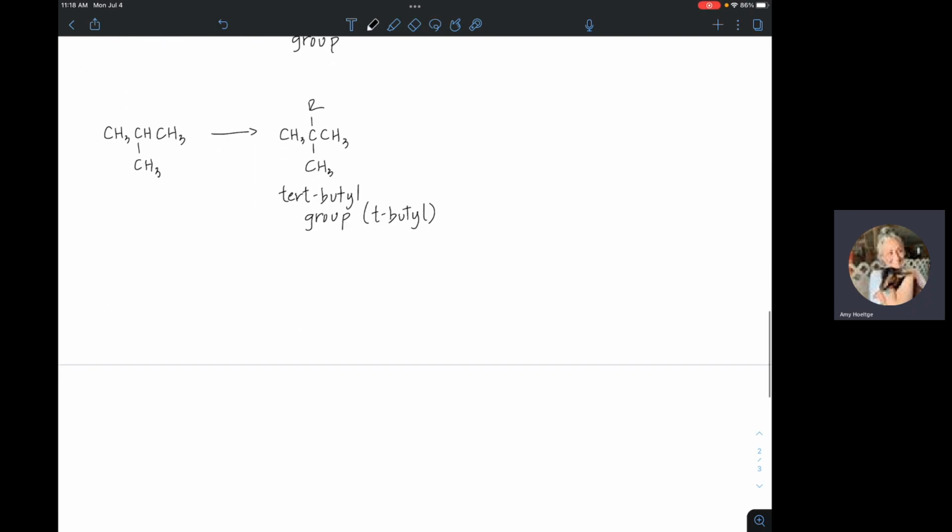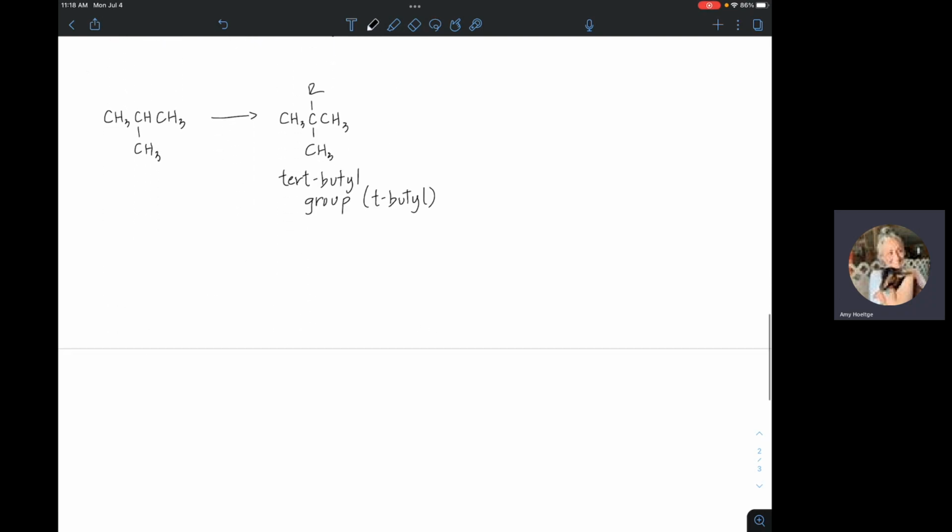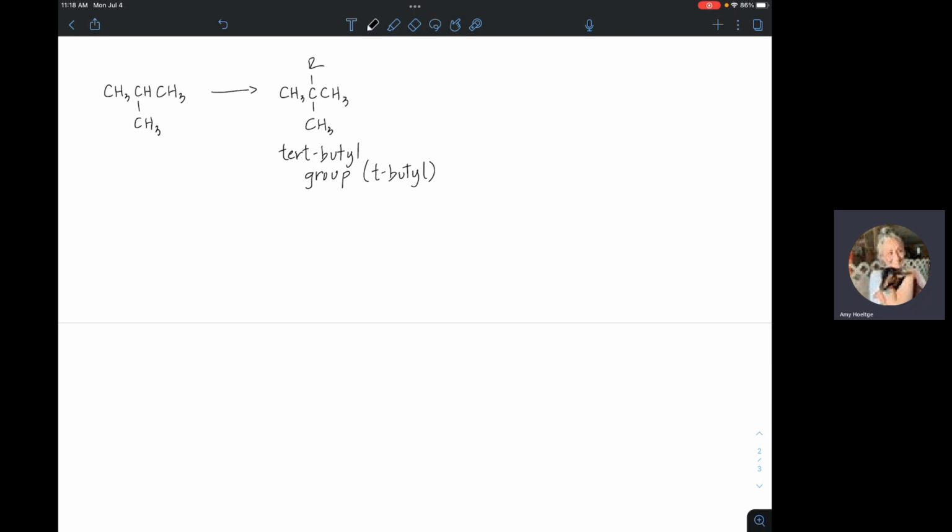If you have a cyclic compound, same deal. Say, like we just did cyclohexane, so I'll draw our little cyclohexane molecule. Imagine removing one of the implied hydrogens. So pick your carbon, it doesn't matter, they're all the same, right?